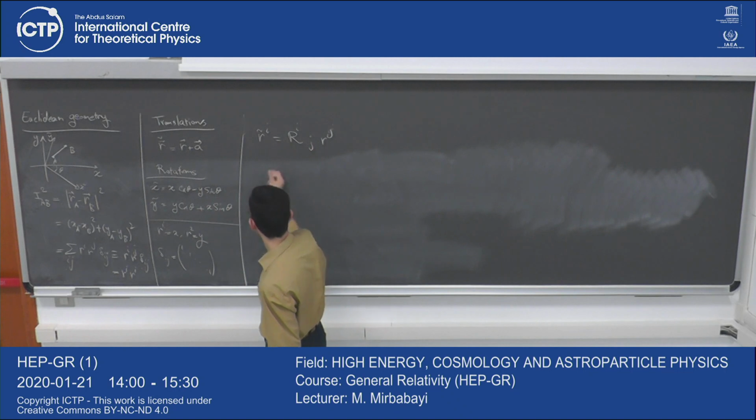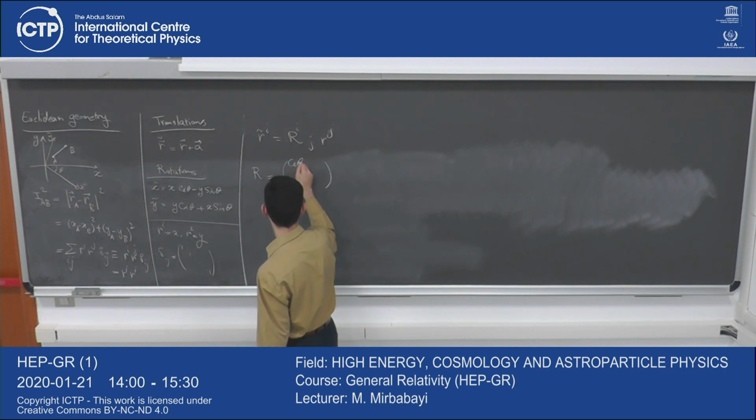In this particular case, we can see that this matrix R_ij is a 2 by 2 matrix whose components are given by cosine theta, minus sine theta, sine theta, cosine theta.